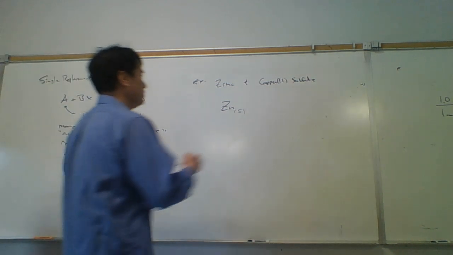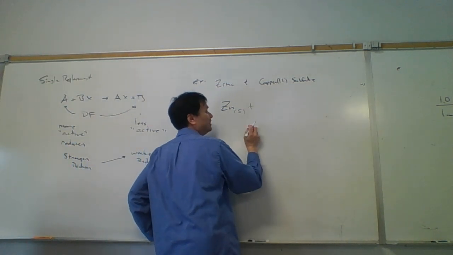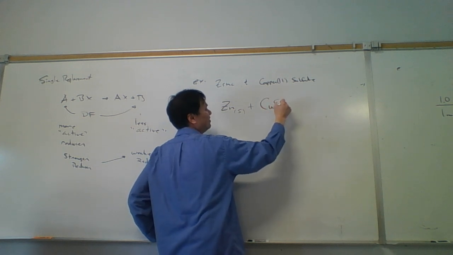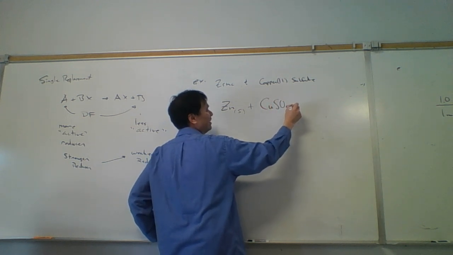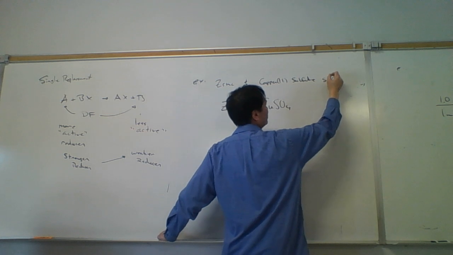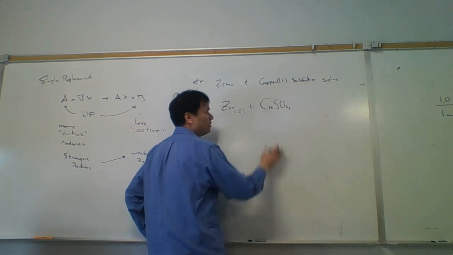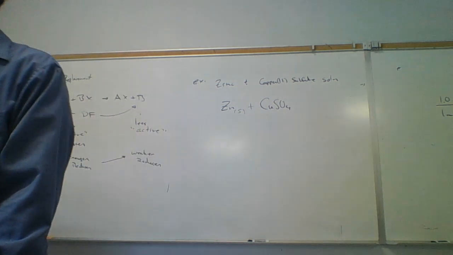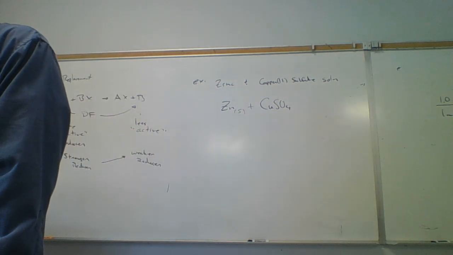Plus copper 2 sulfate. What's the formula for copper 2 sulfate? SO4. Okay, this is copper sulfate solution. Normally copper sulfate is a solid. Is it a soluble solid or an insoluble solid? We need to know the solubility rules.